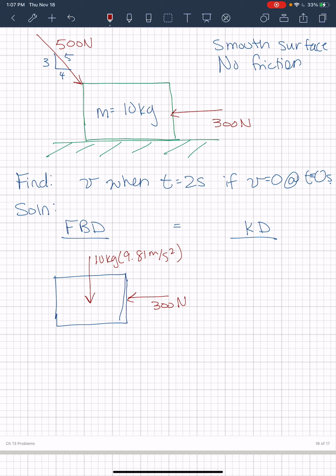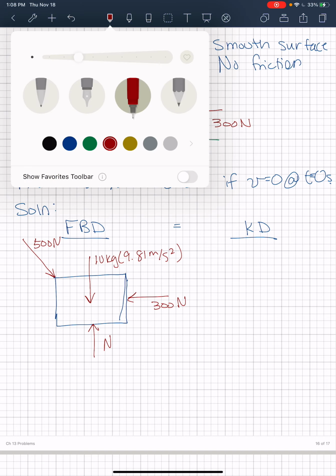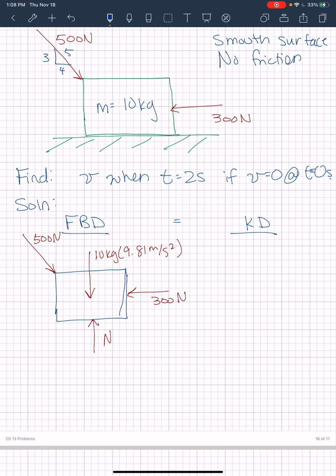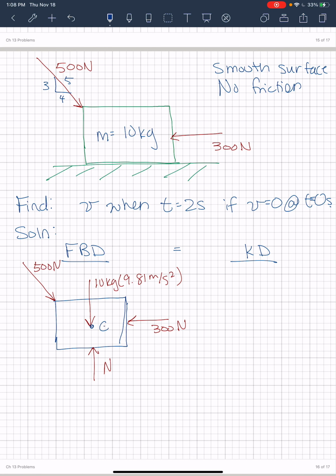We have that 500 Newton force. And we have a normal force. G is going to be at the center, and we know this is the 3, 4, 5 triangle.